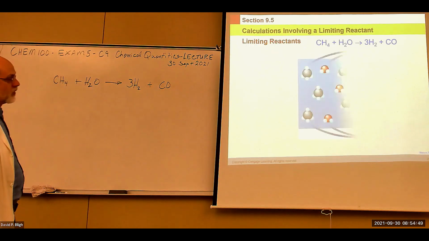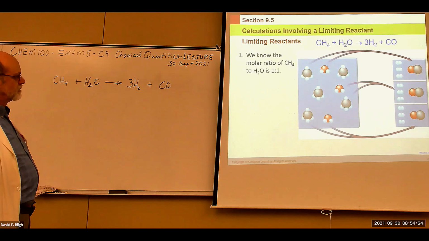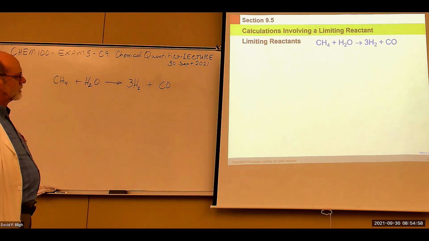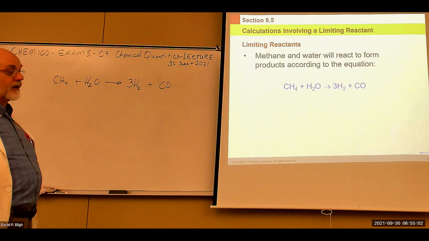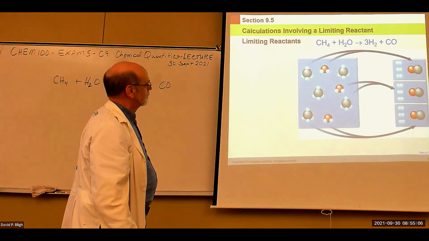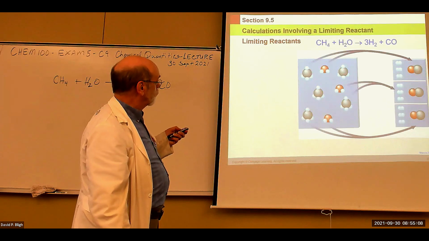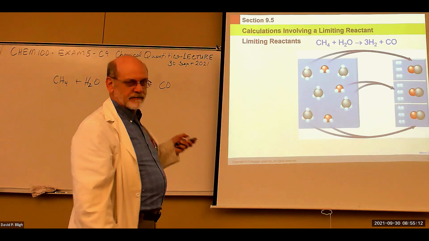What other information are we given? Wait a minute. Hold on. We're not given any information. We're given the information in a picture. Okay, in this picture, we know that we need 1 methane, which is this one with black.